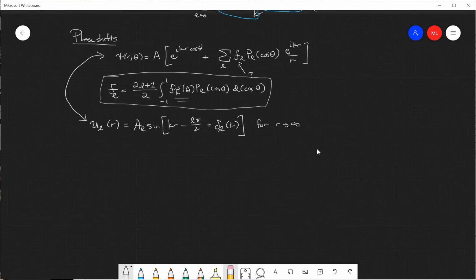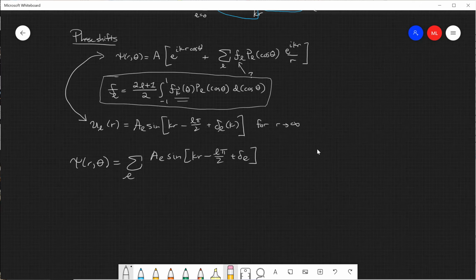So let's finally compare. We have our psi of r, theta, which is equal to the sum over L of the solution we would get from the Schrodinger equation, which is this guy divided by r.